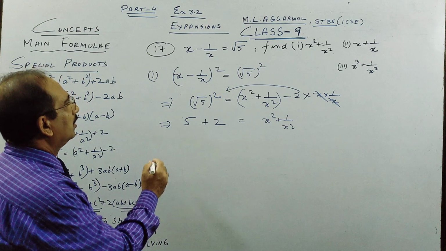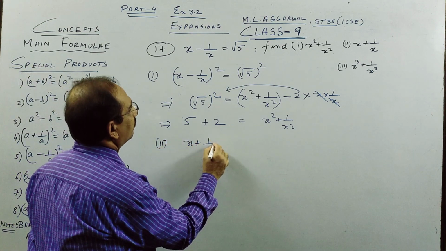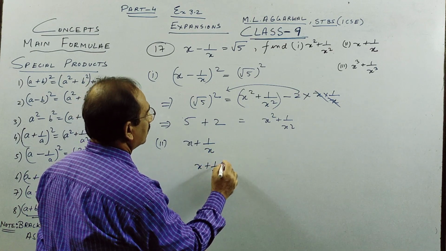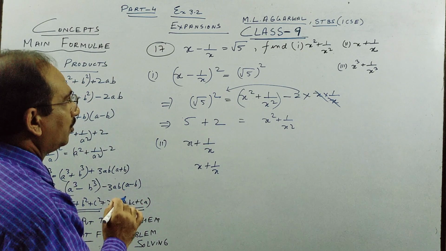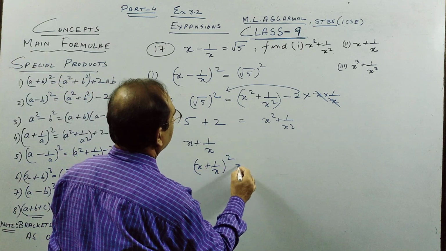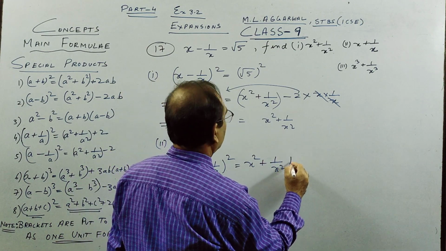Second part, if you see, children, we have to get x plus 1 by x. So what we do here, x plus 1 by x, we have to get, so we will do whole square of this. So we have x square plus 1 by x square plus 2.